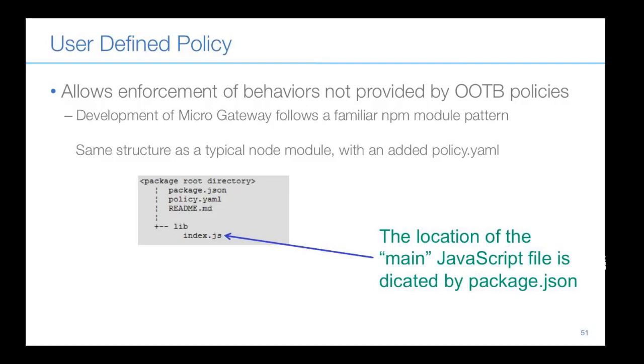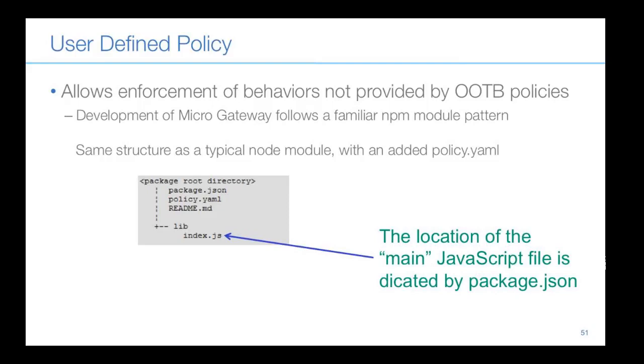So we haven't really invented anything beyond what you can do with DataPower policies. And so for those of you that have done a user-defined policy on an edge gateway in previous releases, a lot of this will be familiar to you.